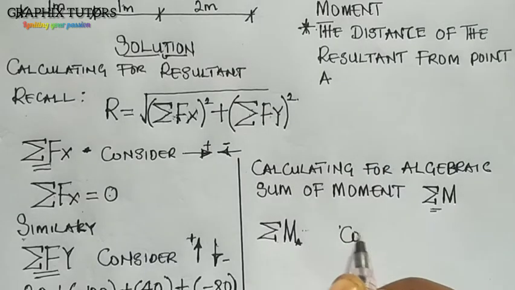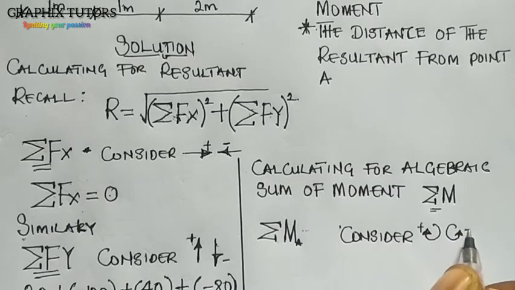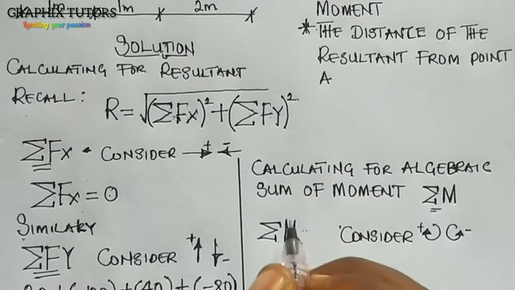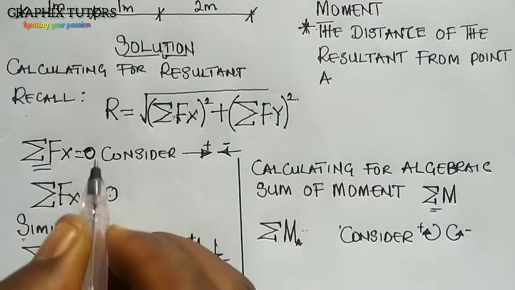So we want to consider the clockwise moment coming this way to be positive, and the anti-clockwise moment coming this way to be negative. All this you are seeing are the conditions for equilibrium. I can come here: sum of Fx equals 0, that's the first condition.